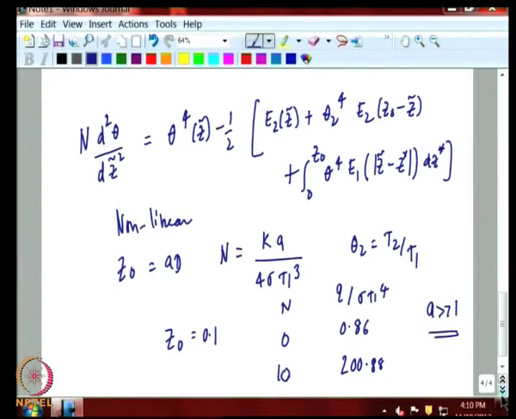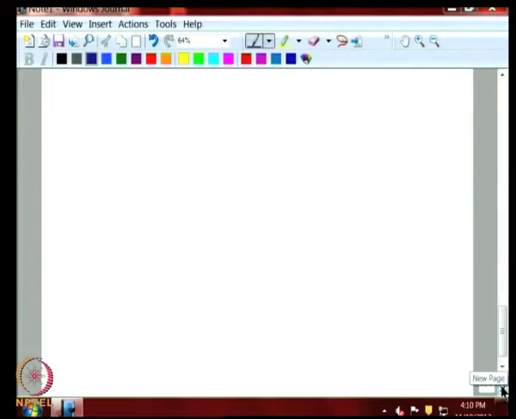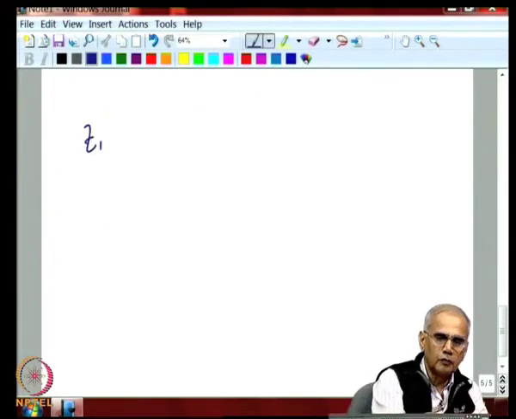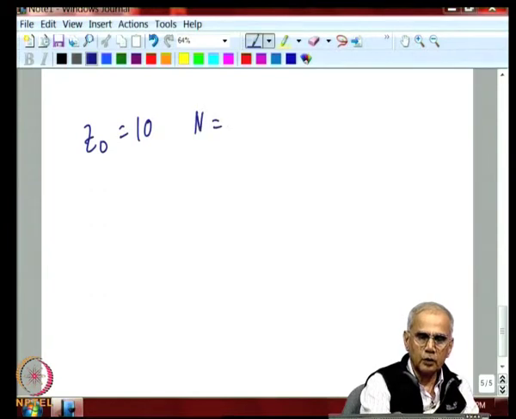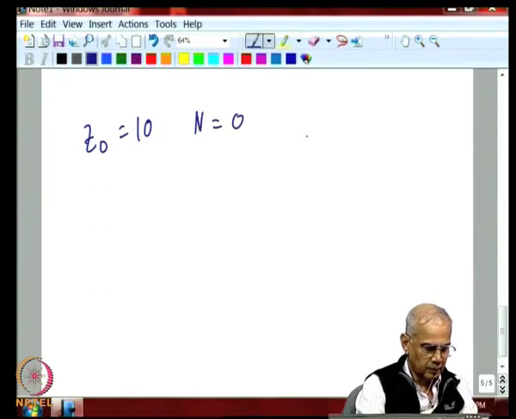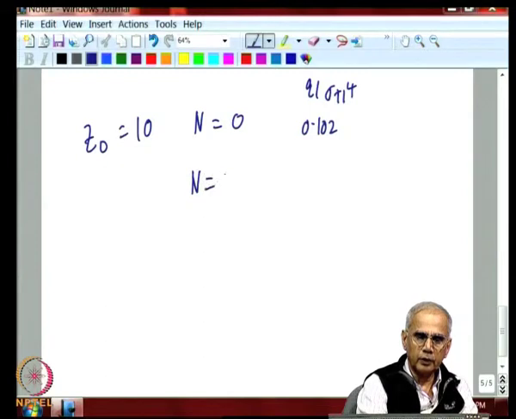Now, if you go to a large path length limit, let us take Z0 of the order of 10 and consider no conduction case, in which case you will get this quantity to be around 0.102, while n equal to 10 will take you to 2.114.